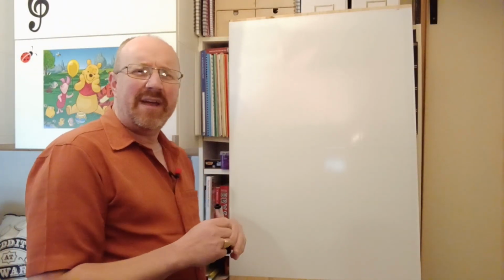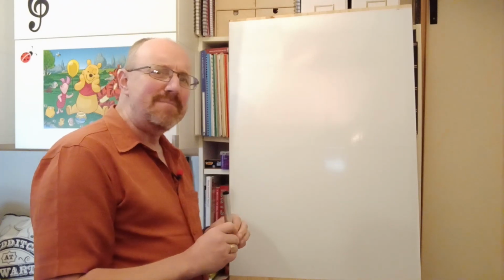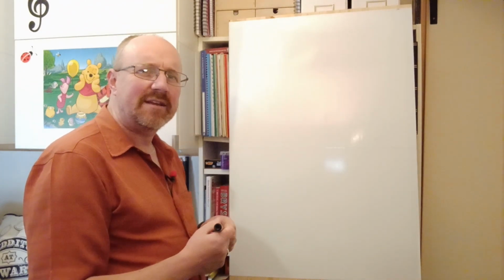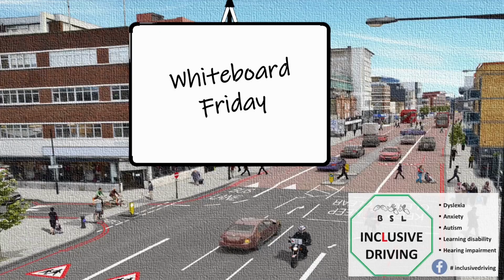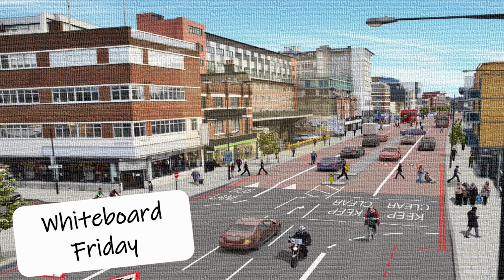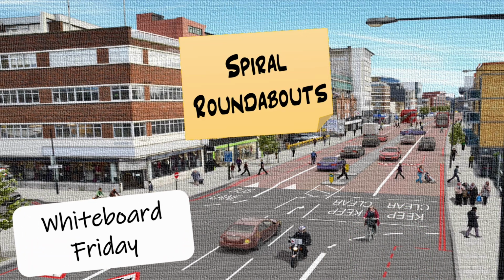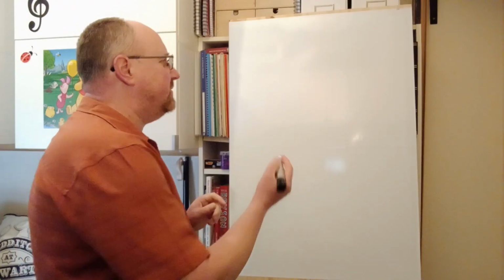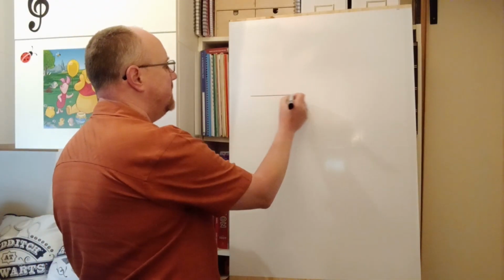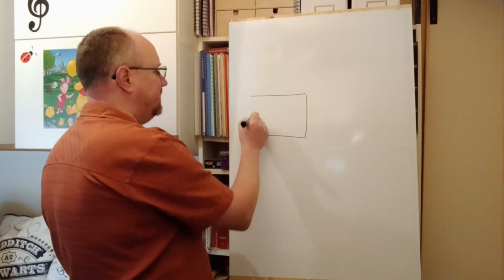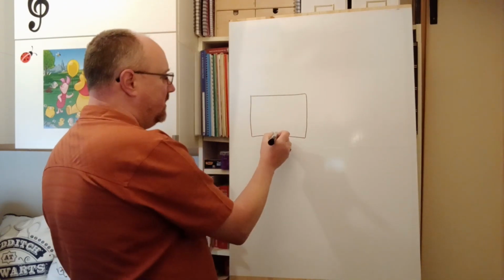In this video we're going to try and demystify all those lines on spiral roundabouts. So when you approach a spiral roundabout, we usually see a road sign at the side of the road.